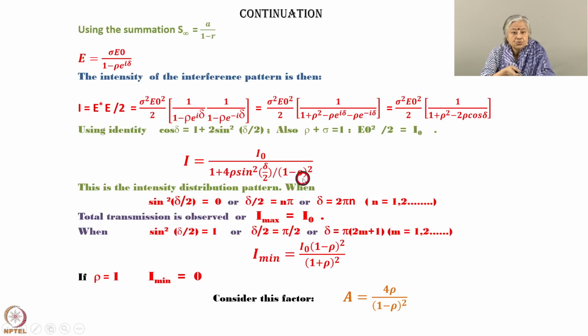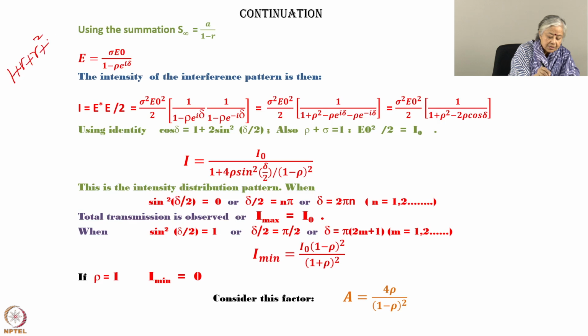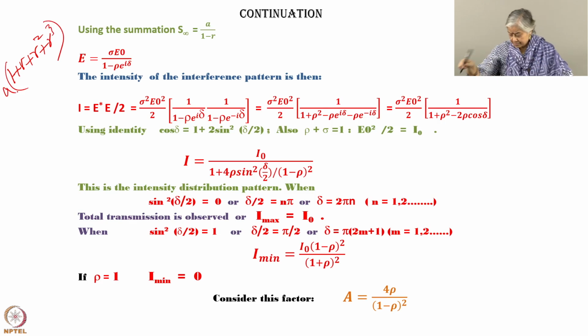So, basically you use the mathematical summation S infinite is equal to A upon 1 minus R, where this is the sum of a series like 1 plus R plus R square plus R cube, and the whole thing is multiplied by A. I do exactly the same for our series, which is sigma E0, which corresponds to A, and 1 minus rho e to the power i delta.